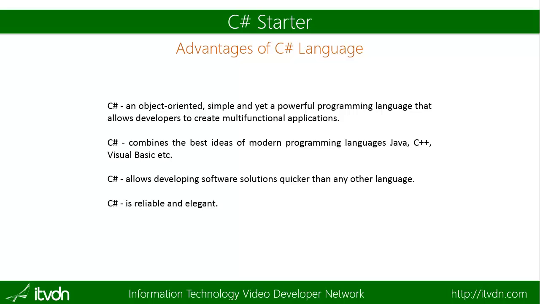C# combines the best ideas of modern programming languages such as Java, C++, Visual Basic, etc. C# allows developing software solutions quicker than any other language. C# is reliable and very elegant. Just take a look at the interface and you'll see what I mean.